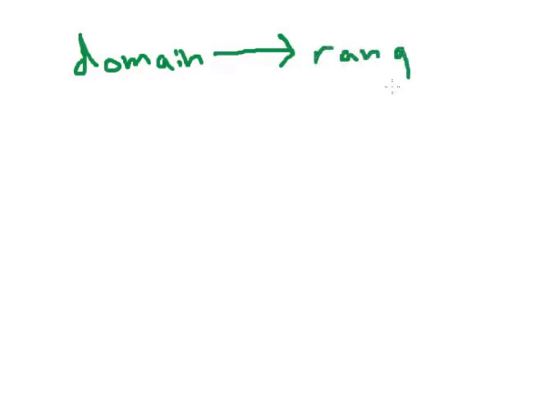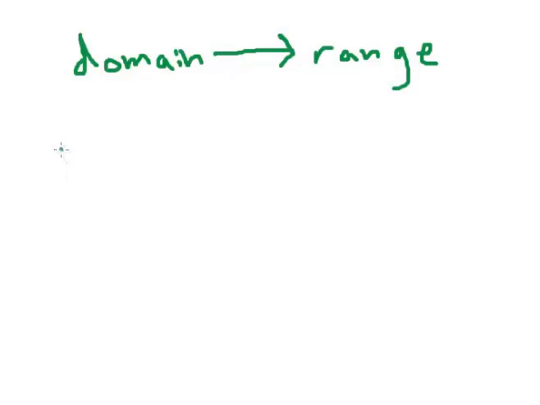So you've got a function, you've got a domain, and a domain leads to a series of possible results, which are a range.